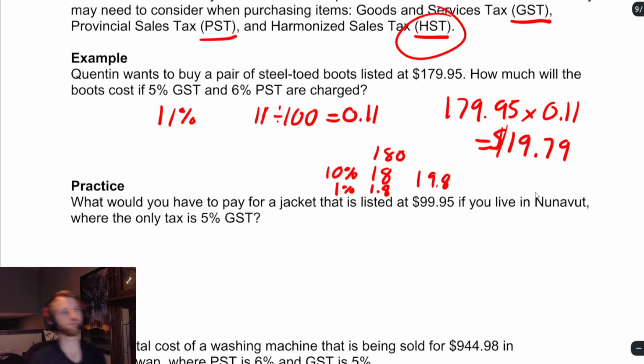Okay, so this is how much taxes was charged on top of the normal price. So it says how much will the boots cost if there's this much taxes. So then we need to add this onto the normal price.